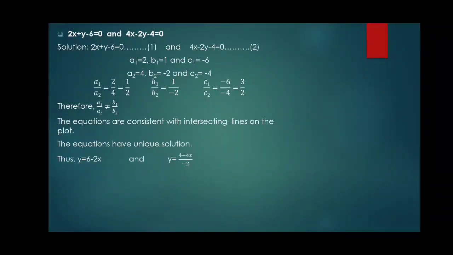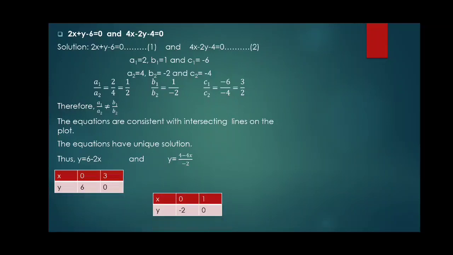So I rearrange the equations here. The first equation can be rearranged to the form y is equal to 6 minus 2x, whereas the second equation is rearranged to the form y equals 4 minus 4x, whole divided by minus 2. Determining the points: when x is equal to 0, y is equal to 6, and when x is equal to 3, 2 threes are 6, 6 minus 6, y is equal to 0.